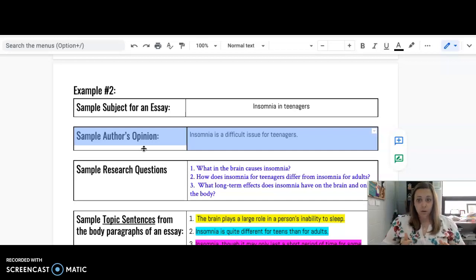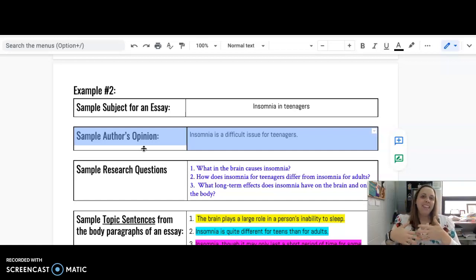So, for example, if you have been researching the history of abortion, an incredibly controversial subject, I do not want to know if you think that abortion should be legal or not. Honestly, I don't want to know for this. What I want you to do as far as an opinion is, you need to write an arguable statement, but it can't be too arguable.